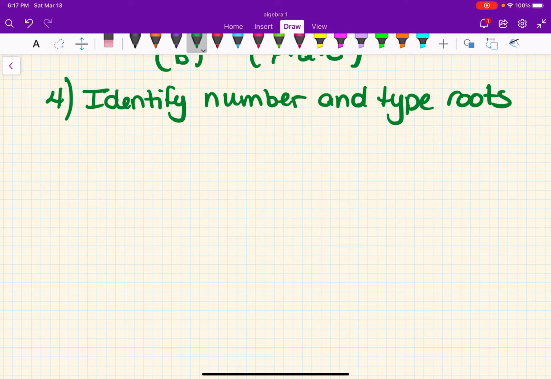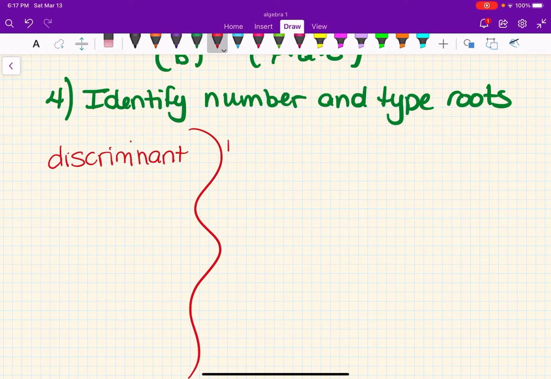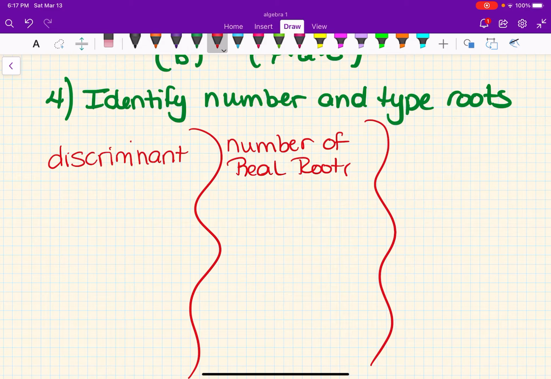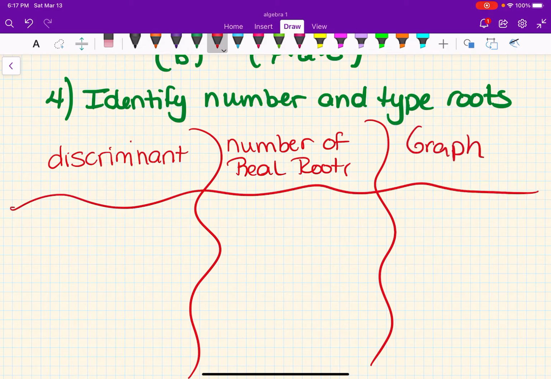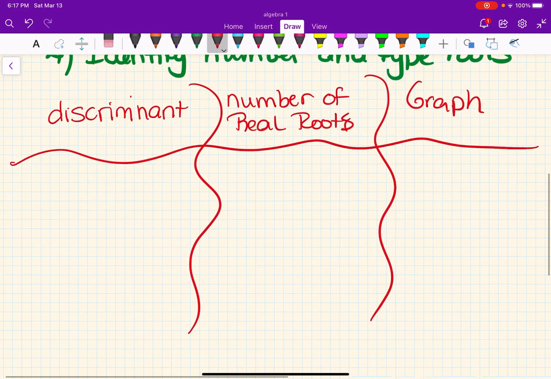It's going to look something like this: Discriminant, number of real roots, because we're talking about real roots. Then we're going to look at the graph just to have the picture in our mind of what's going on.